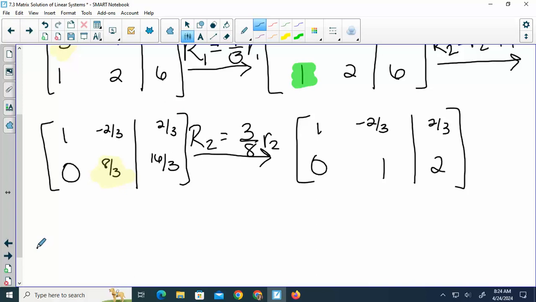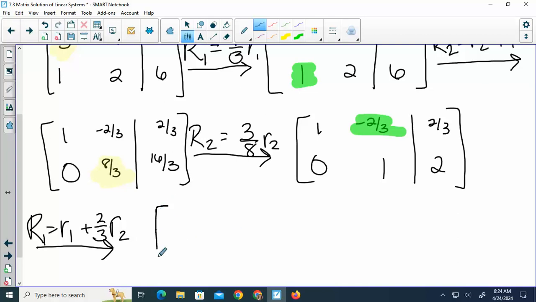Final step. We have to finish column 2. We need this to be 0. So if you want to get a 0, you can start the same way every time. So row 1 equals row 1. It's a negative 2/3, so we have to add 2/3 of row 2. So row 1 is a 1 plus 2/3 times the number in row 2.